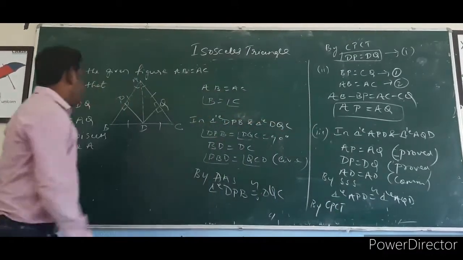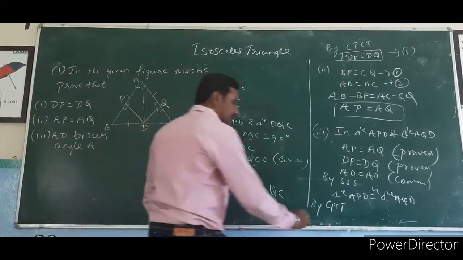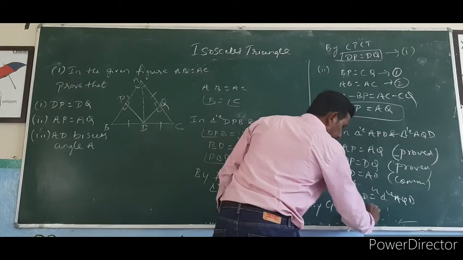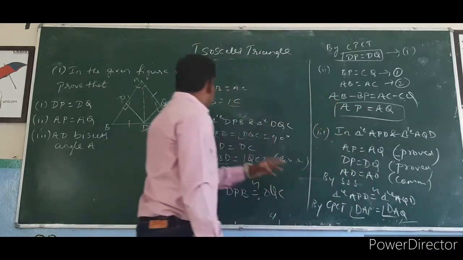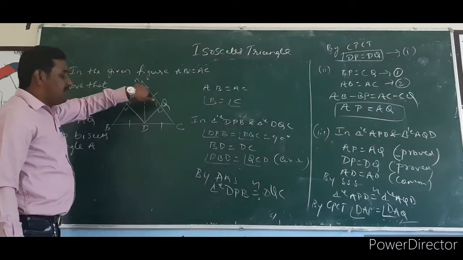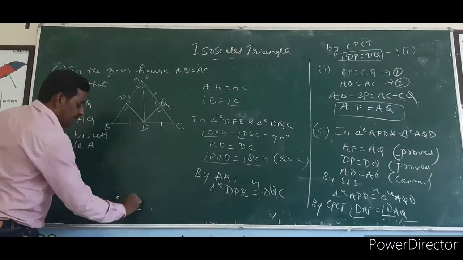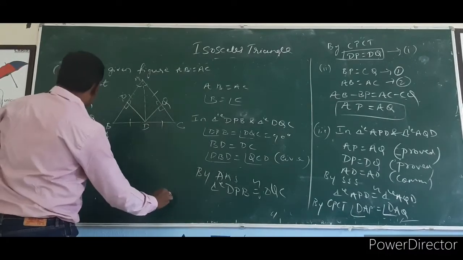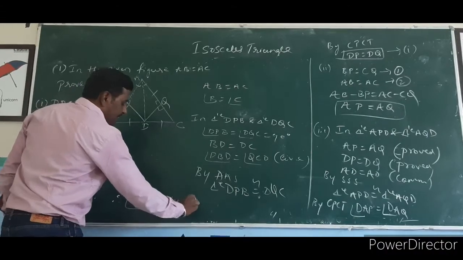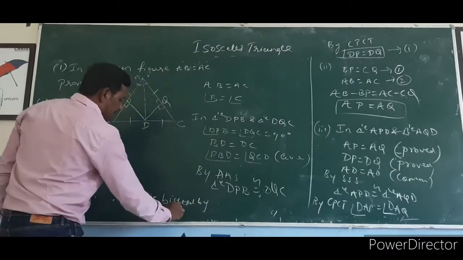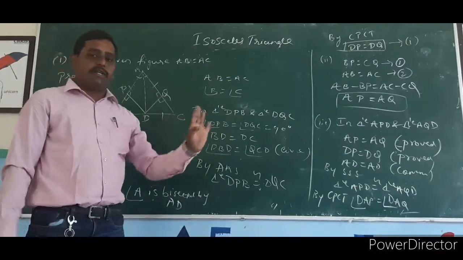Which are the corresponding angles? Angle DAP is equal to angle DAQ. If these two angles are equal, then we can say angle A is bisected by the line AD. This is the way we show the problems.